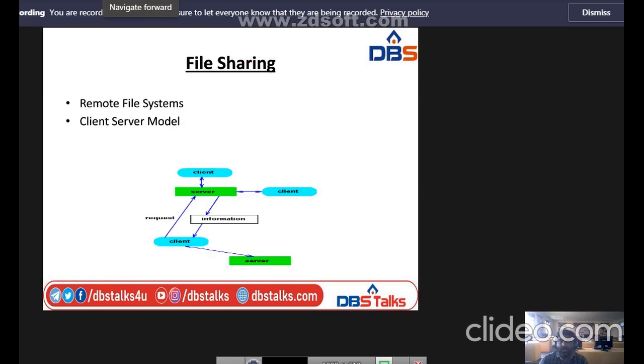Next, coming to file sharing. What is meant by file sharing? File sharing is desirable for users who want to collaborate and to reduce the effort required to achieve a computing goal. Here we are talking about multiple users.